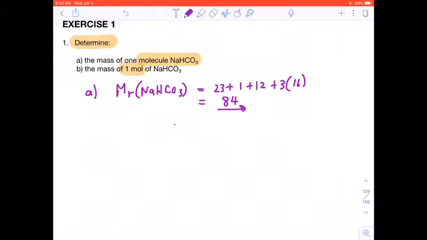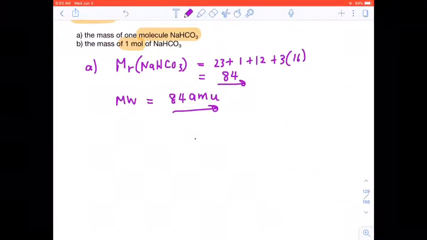But remember, when we wanted its molecular weight, then the molecular weight would be expressed in atomic mass units, which is 84 AMU, and that's for 1 molecule or 1 formula unit of sodium hydrogen carbonate.